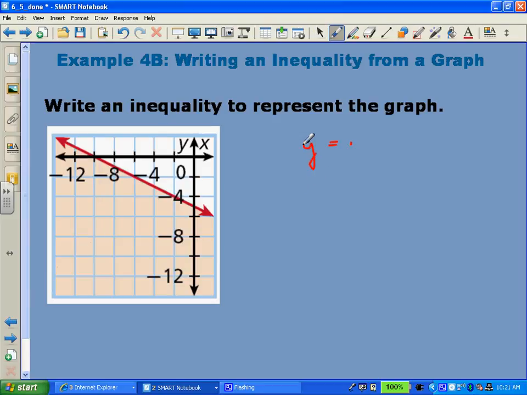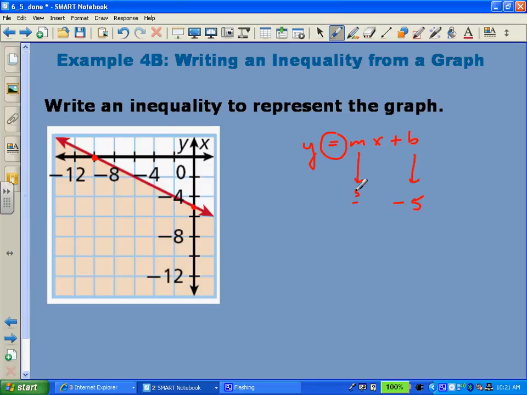Just look at one more here. So again, we're trying to fill out this mx plus b, and we're going to have to change this sign. So here, what is b? Well, b is -5 down here. What's m? Well, it crosses again over here.